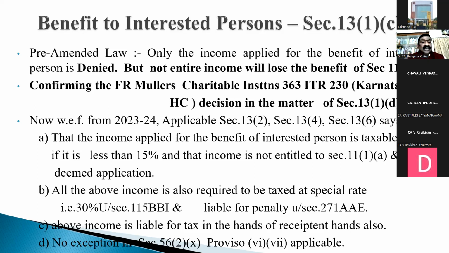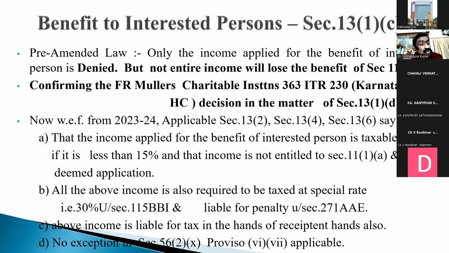You should offer it for tax, and those persons also have to pay. Here the charitable institution is not entitled to section 11 exemption to the extent of that benefit passed on to those interested persons.